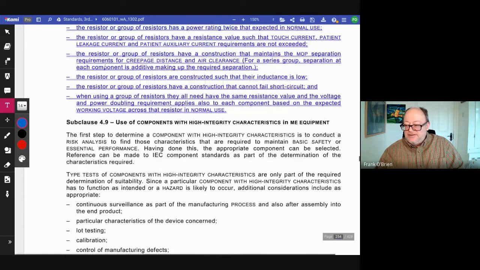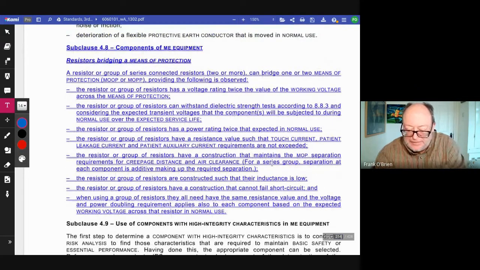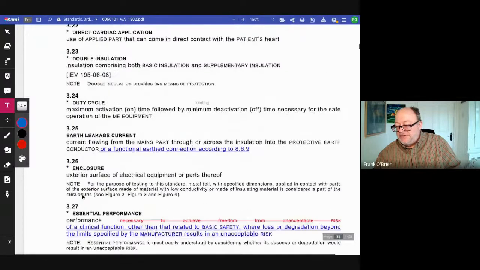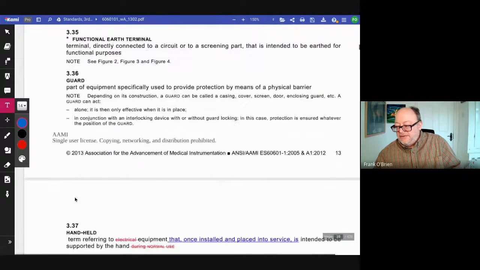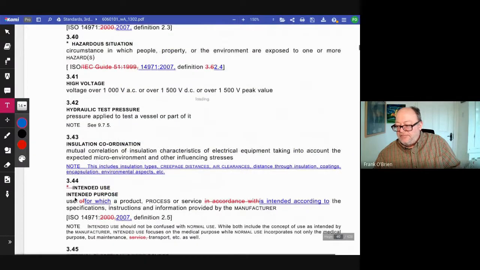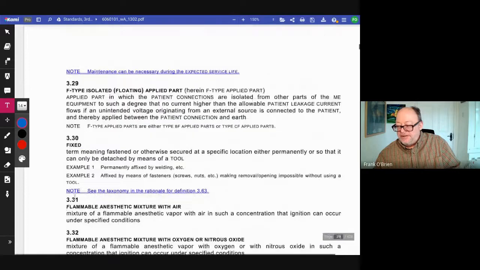The other thing you do is read the definitions, right? And the definition is even consistent with, so they're alphabetical, component with high integrity.